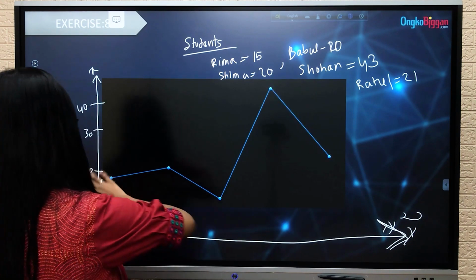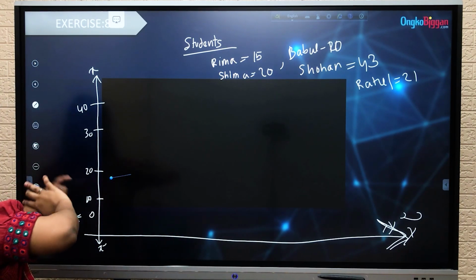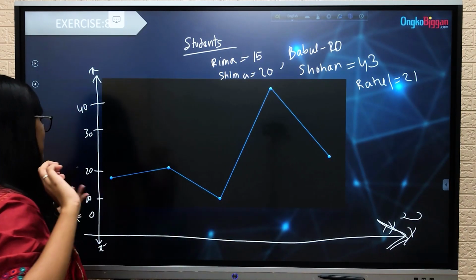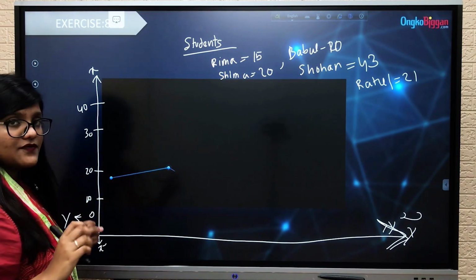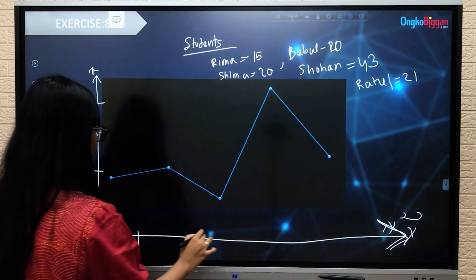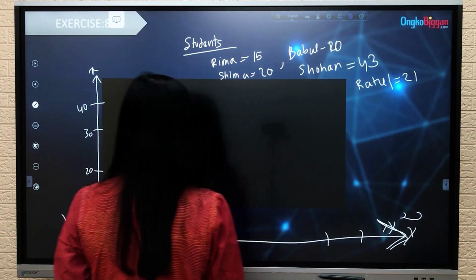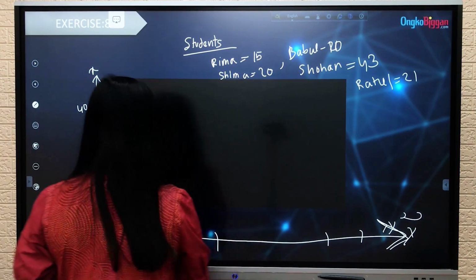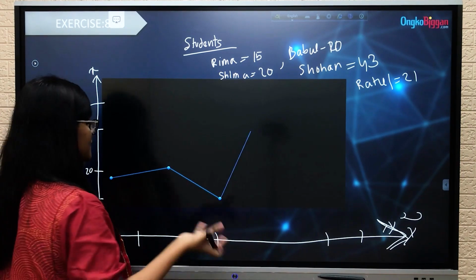Let's suppose I have considered small boxes of the y-axis as 10 units, and we have to give some value here also. Similarly, you have to consider this as some value, like taking the small boxes as 1 unit or 10 units.